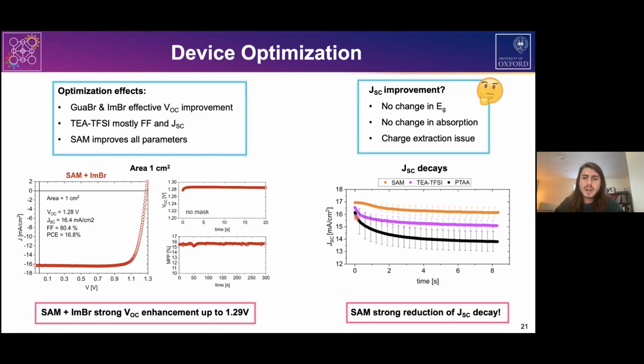The PTAA devices always show quite a substantial loss in short circuit current over time, whereas when we treat the perovskite with the TAA-TFSI, or when we use the SAM, this loss gets significantly reduced, which indicates that the improvement in JSC is something related more to the charge extraction. I will go back to these results later to explain a little bit more in detail.